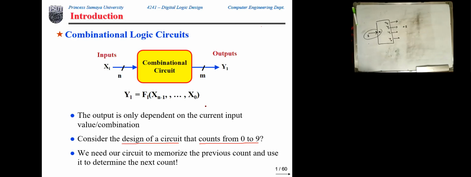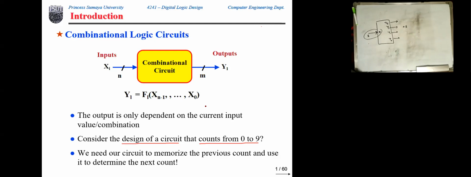Exactly. Thank you. Now, if I want to count based on the input, then in order to know the new count value, I need to know whether X is 1 or not. And at the same time, I need to know what the current count is.